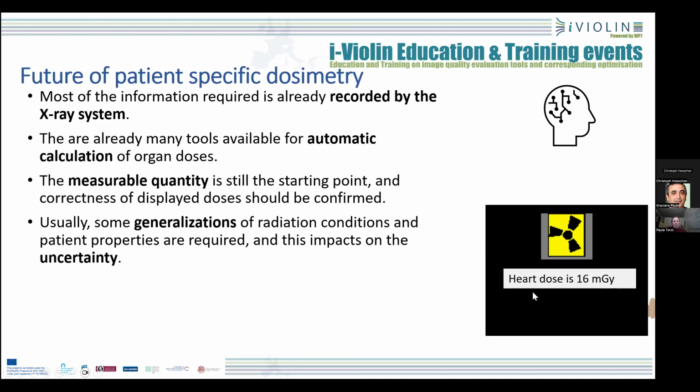Normally this is the role of a medical physicist, who is responsible for making sure that the doses and dose displays are correct, giving correct values. However, whatever data we have, usually we need to do some generalizations of conditions and patient properties, and this always impacts and increases the uncertainty.